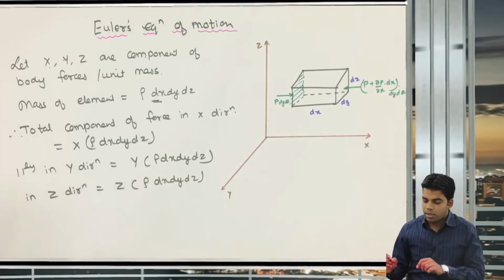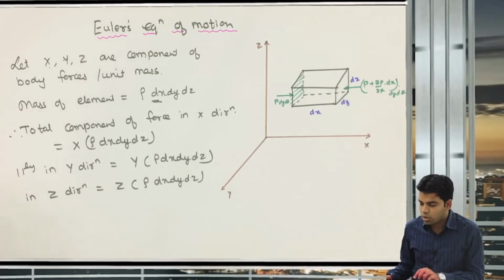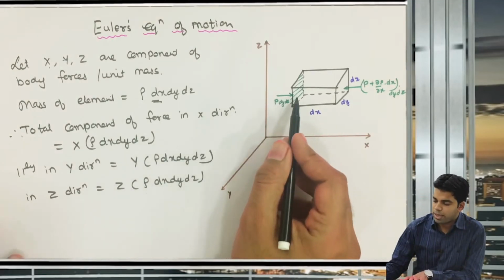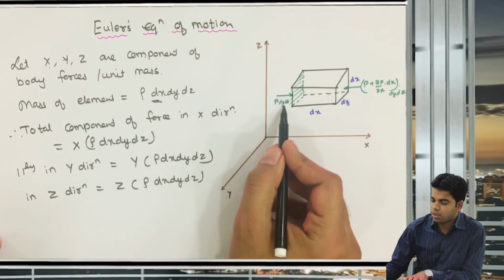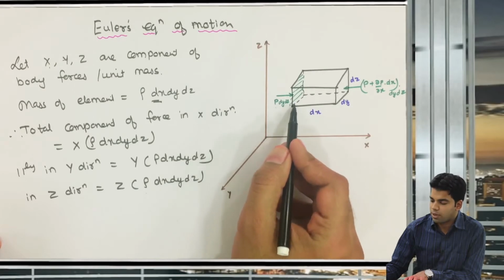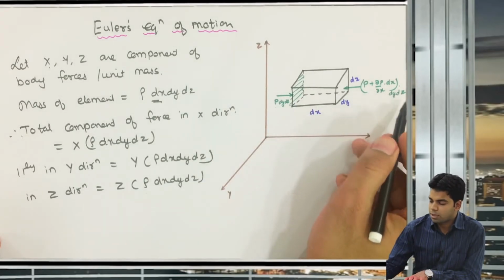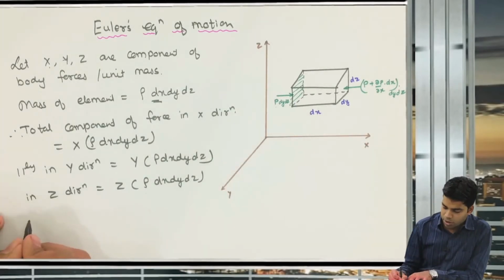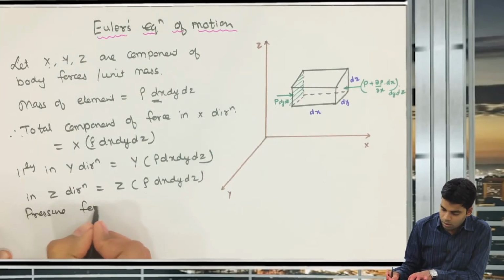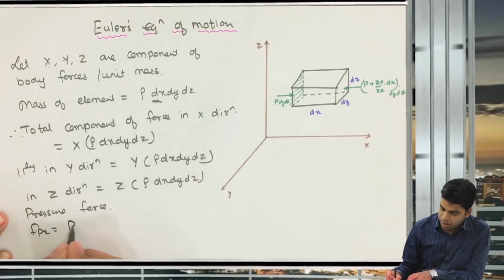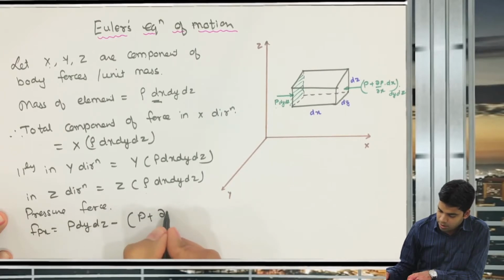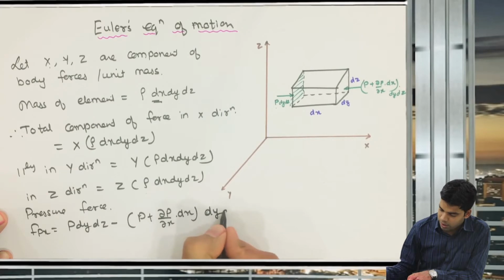Now similarly we can determine the pressure forces. The net pressure force in the x direction: here the pressure force acting is P dy dz, and here it is P plus del P by del x into dx, into dy dz. Therefore Fpx will be equal to P dy dz minus P plus del P by del x into dx into dy dz.